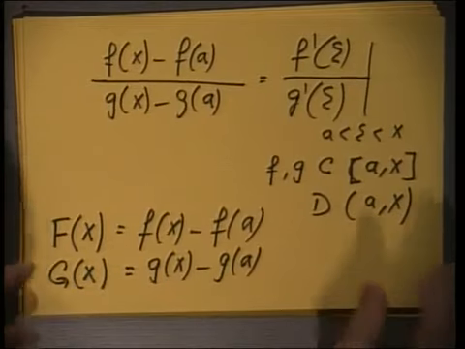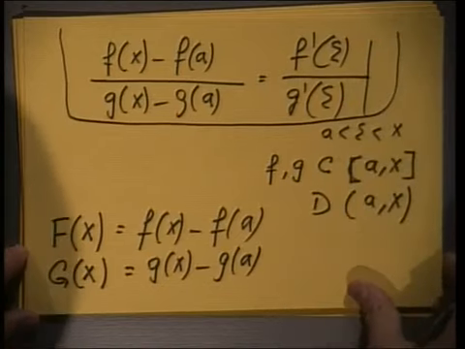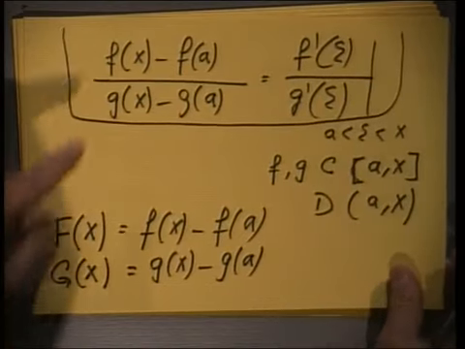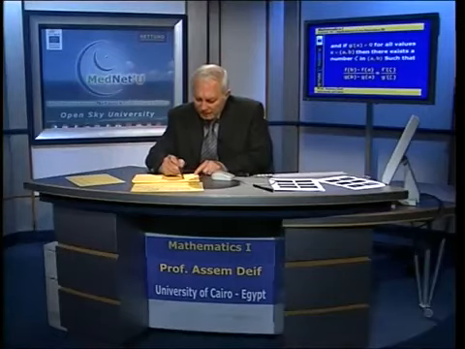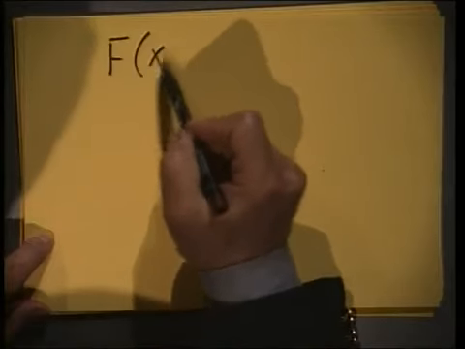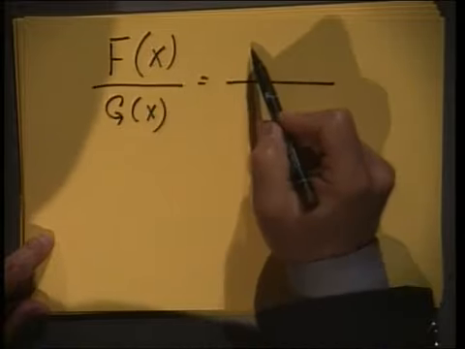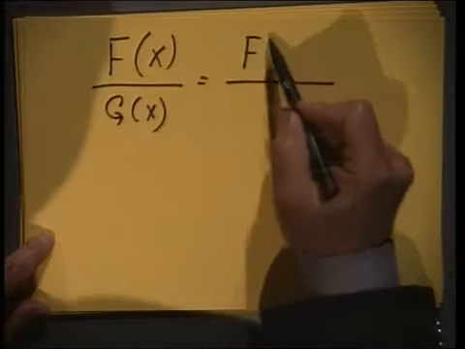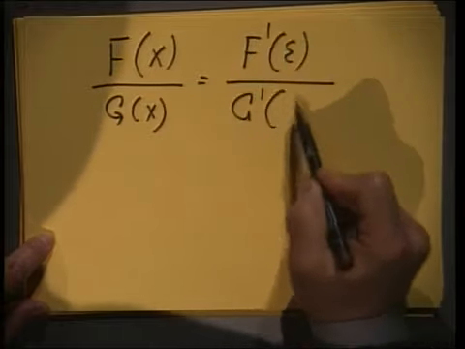So in fact, this expression you can write in a different way. You can substitute the numerator by capital F of x, so we have this formula: capital F of x divided by capital G of x is equal to f prime of eta divided by g prime of eta.